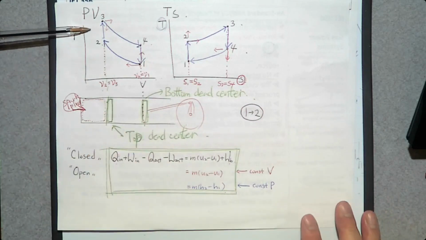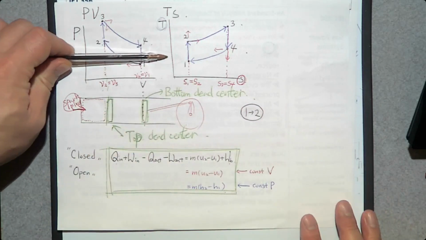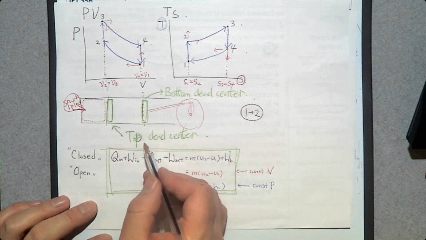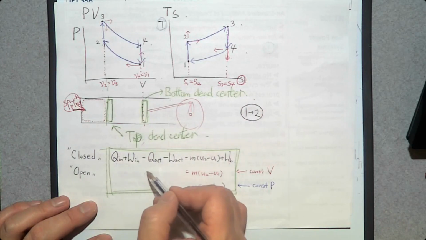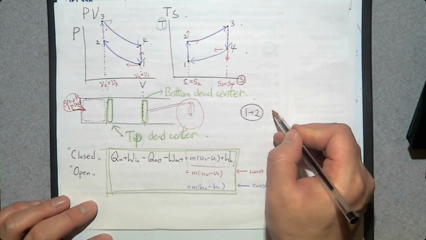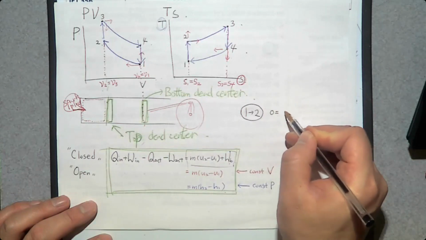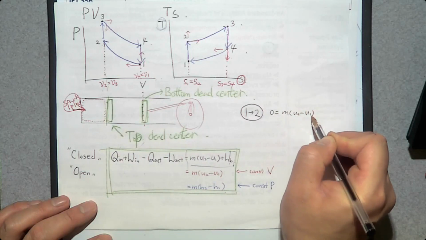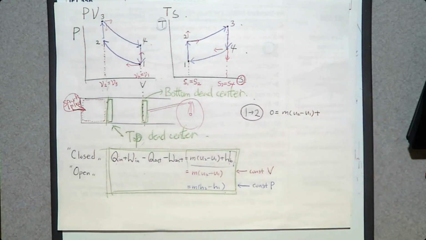There's only one heat transfer between 2 and 3 and heat rejection between 4 to 1. So there's no heat transfer between 1 and 2. So there's no Q in, there's no W in, there's no Q out, there's no W out. So it's going to be this one. 0 is mass times U2 minus U1 plus moving boundary work.